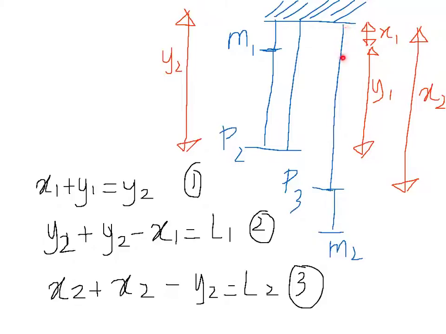So this segment, which is x2, plus this segment, which is x2 minus y2, has to be equal to L2, the length of the second string. And that's our constraint relationship over here. Now, can we use these equations to manipulate stuff? Let's see how we do that.